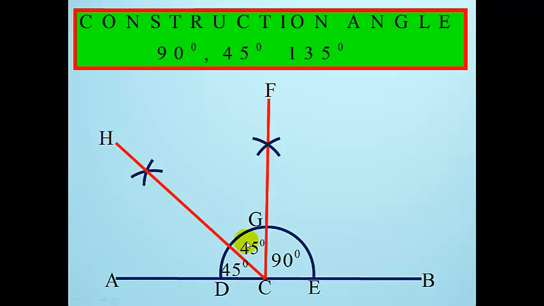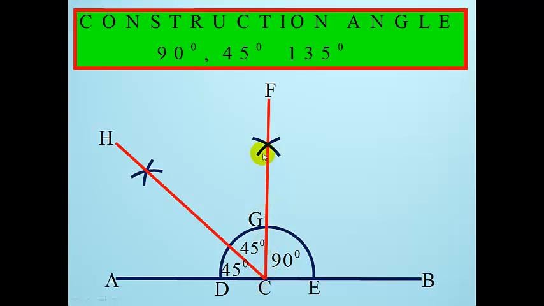Now take note that this angle is 90 and this angle here is 45 degrees. When we add 45 degrees to 90 degrees, the angle is 135 degrees. That means that the angle from E to this point is 135 degrees. So that is how we construct a 135 degrees angle.